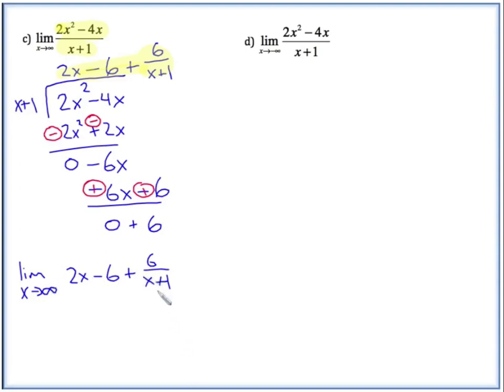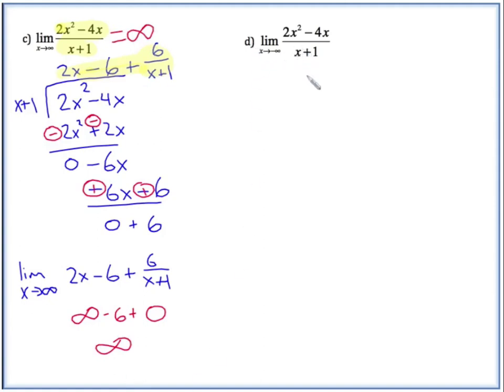Okay, so as we look at this, this is going to be 0 here. This would be negative 6. And this part right here, well, it's just our polynomial function, 2x. And if x keeps increasing, this function 2x is also going to keep increasing, so we get infinity. And so we do write infinity for this one right here. So we can write equals infinity.